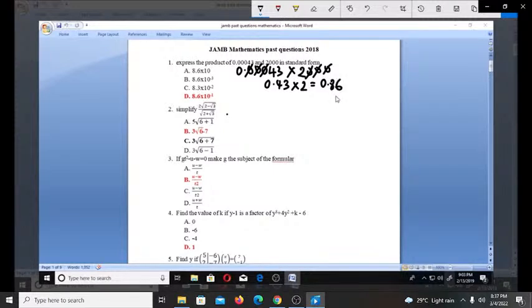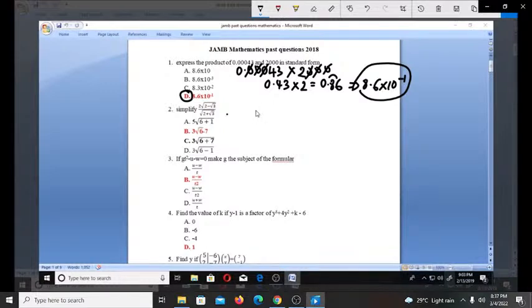So that is what we are left with. Now to convert 0.86 to standard form, if you take this point here and go over by 1, you now have 8.6 times 10 to the power minus 1. That is the answer, and that is why D is the answer, and that's why I marked it in red. So my answers are in red.